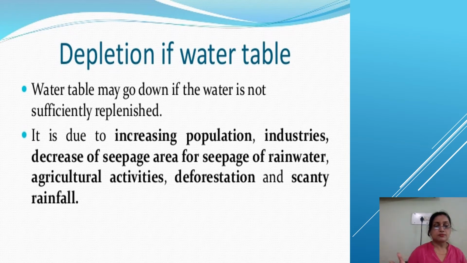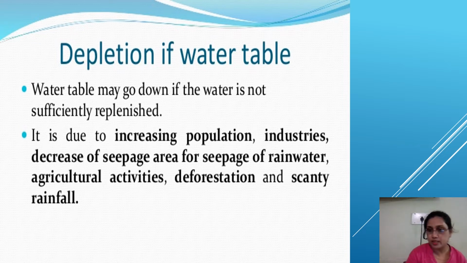So there is less open space where water can seep into the ground to recharge groundwater. If there is less open space where the water can seep and recharge, then it will deplete.